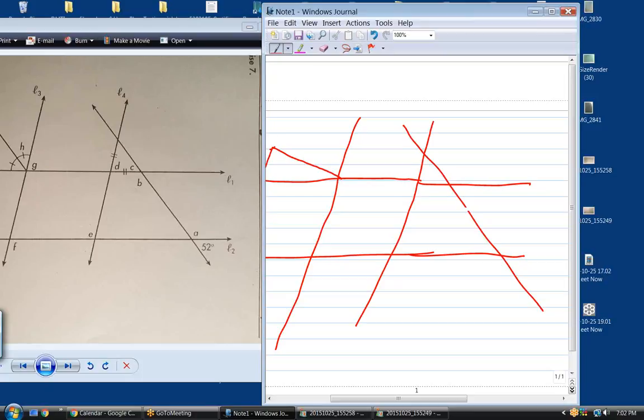Okay? All right. This is L1. This is L2. This is L3. This is L4. Wow, the hardest part about this is drawing it. And unfortunately, if I don't draw it, it's hard to talk about it.